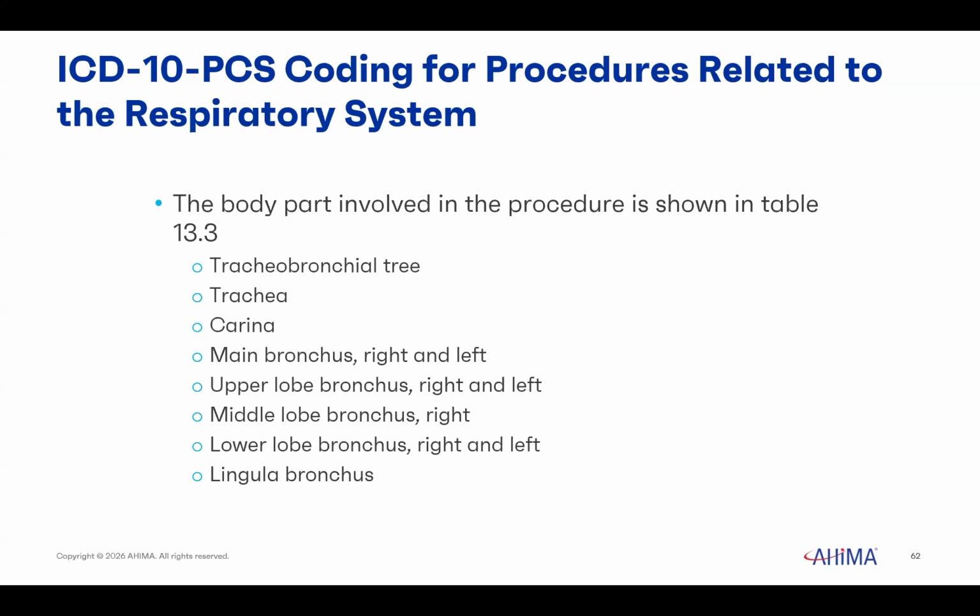These are discussed in table 13.3 in your text, so it's very important that you understand all the terms that are listed, including the trachea, tracheobronchial tree, main bronchus, right and left, and so on. All these things will drive the body part, so you have to read the operative record very, very carefully so you get the right body part.